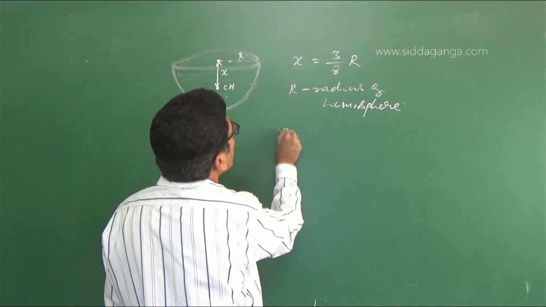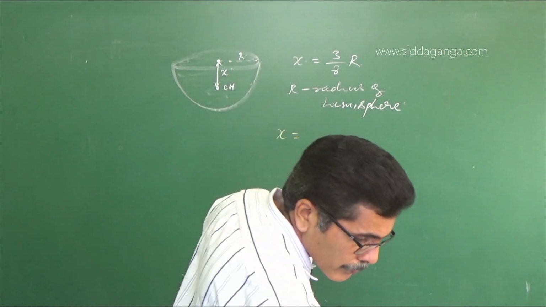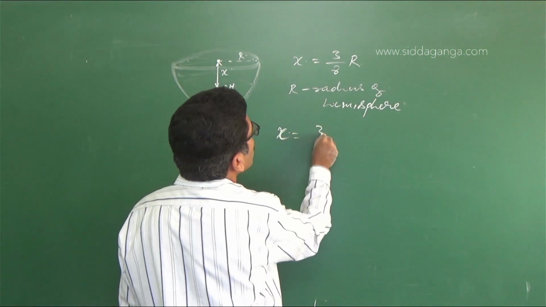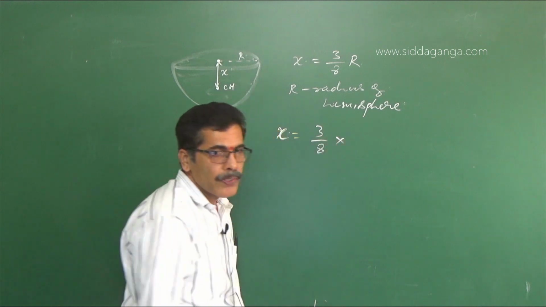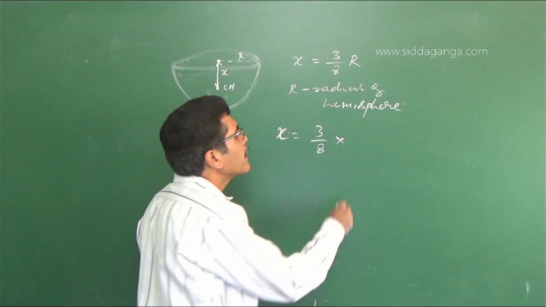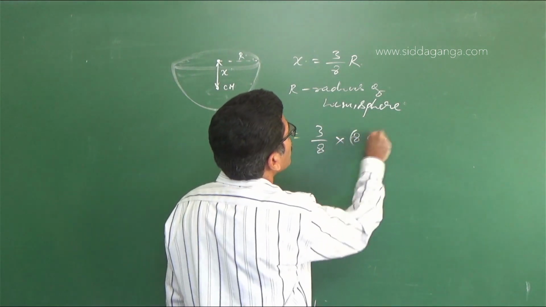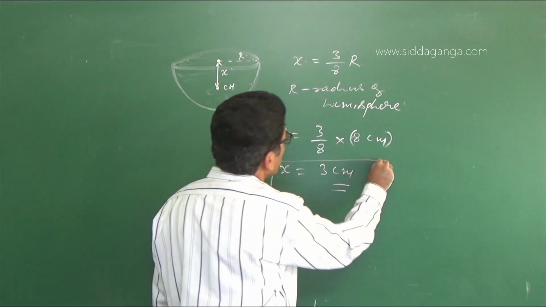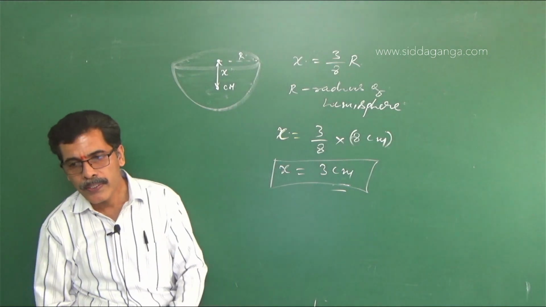Therefore, x is equal to 3 by 8 times r. What is r given? R is 8 centimeter. Therefore, this comes out to be 3 centimeter. So x is equal to 3 centimeter.